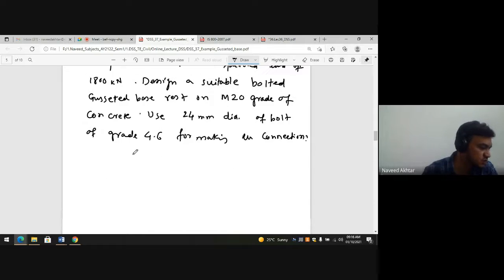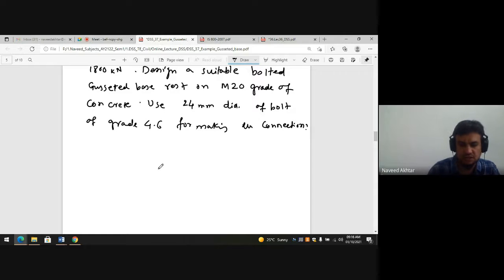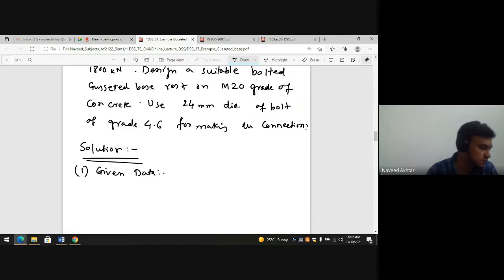So this example we have to solve as usual. When you start the solution, the first step is to write down the given data. So first it is given ISHB 350 at 57.4 kg per meter.